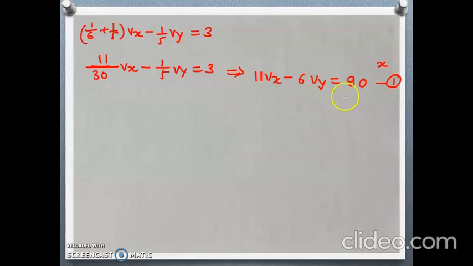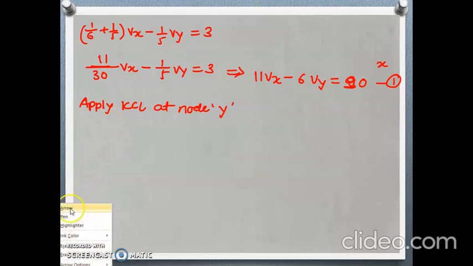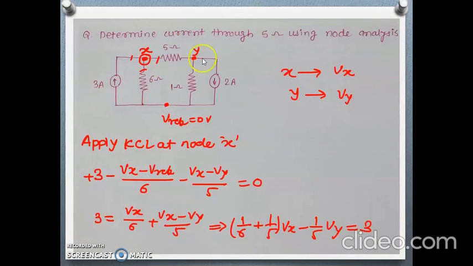This is 90. Then similarly apply KCL at node Y. At this Y node, when we are applying KCL, the voltage at node Y, we assume it as the highest.